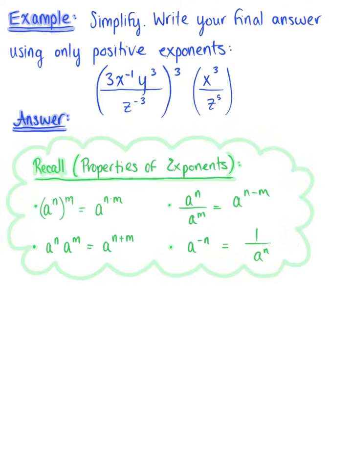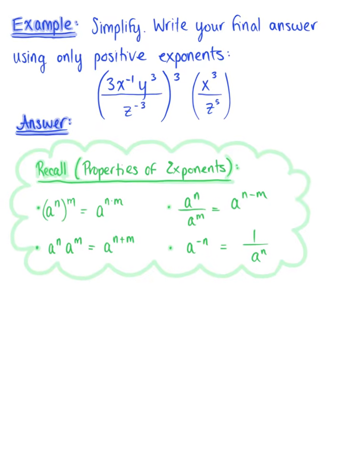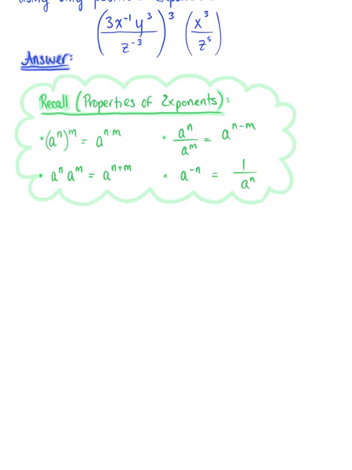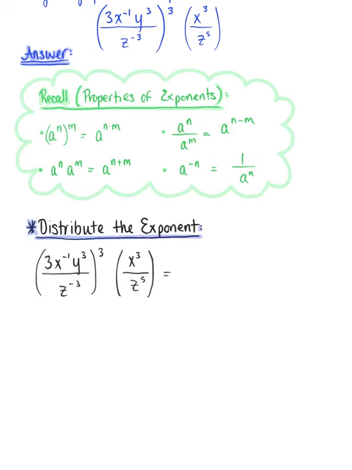So using these properties of exponents and looking at our given expression, the first thing that we want to do is distribute that exponent 3 through to all terms in that quotient. So this means we are taking this power of 3 and distributing it to each term in our numerator, as well as the term in the denominator.